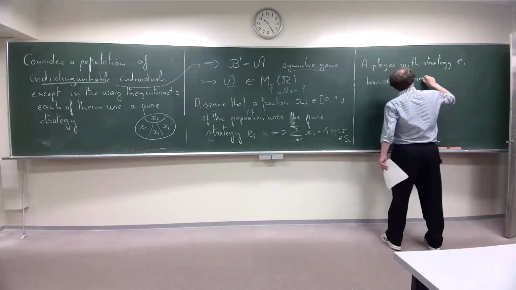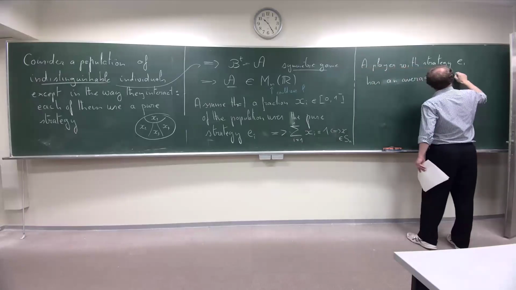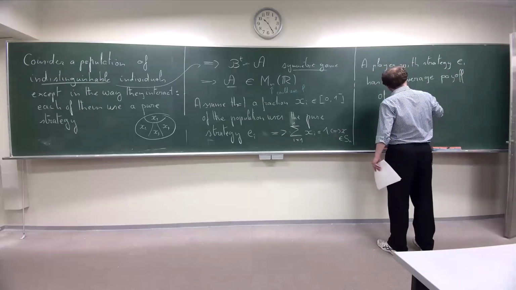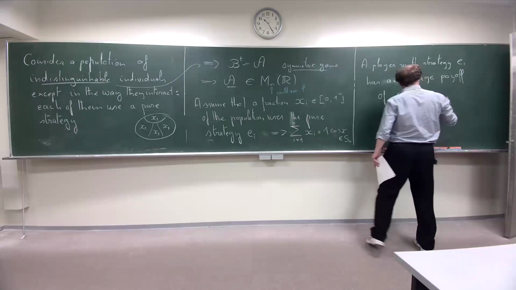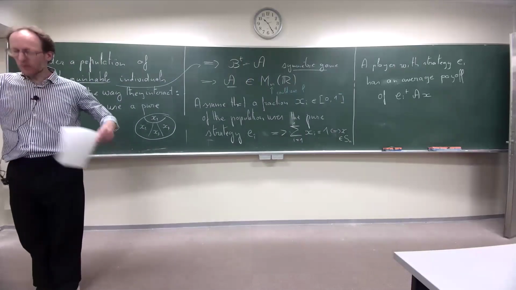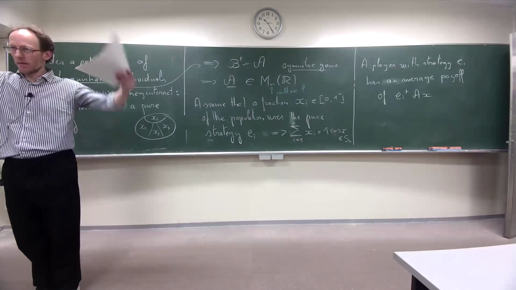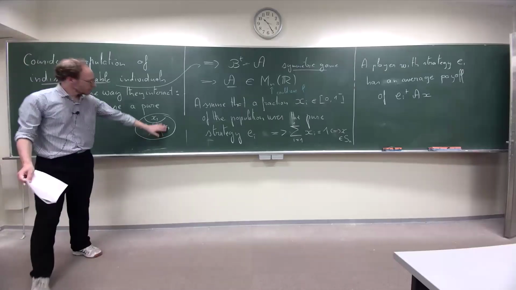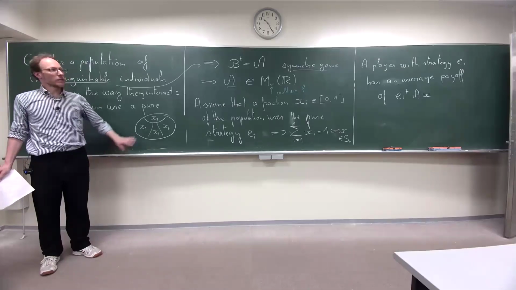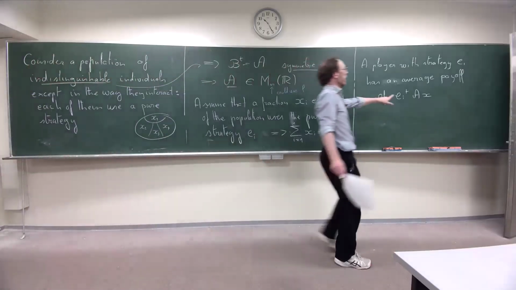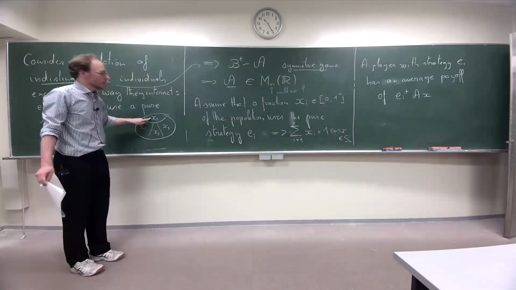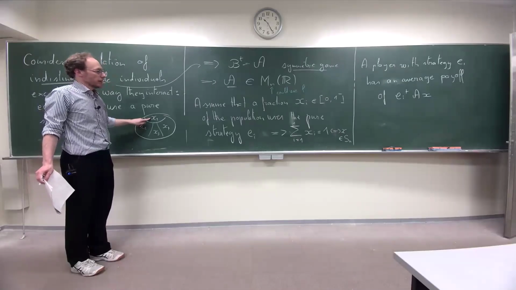So I will explain this idea. An average payoff of EI transpose AX. Why? Because what is the idea? This player randomly is going to play with the other members. But the other members are distributed with these fractions. So on average, he will play with a player of type 1 with probability x1.